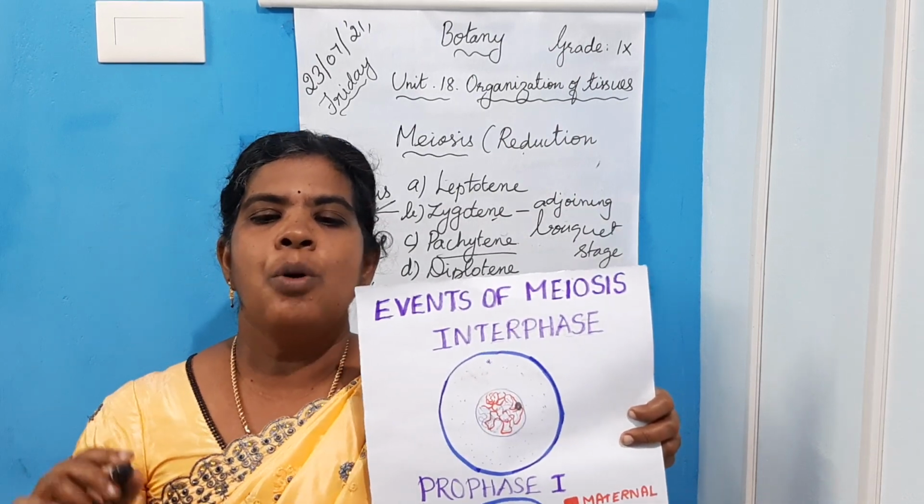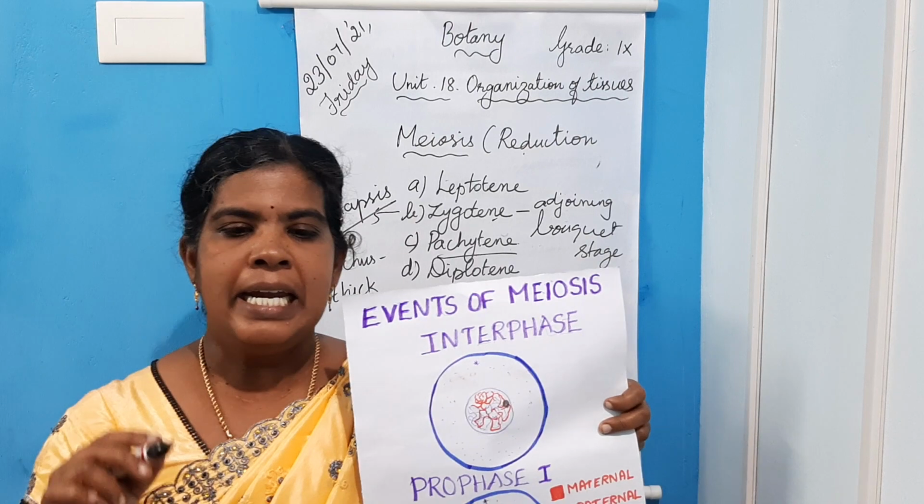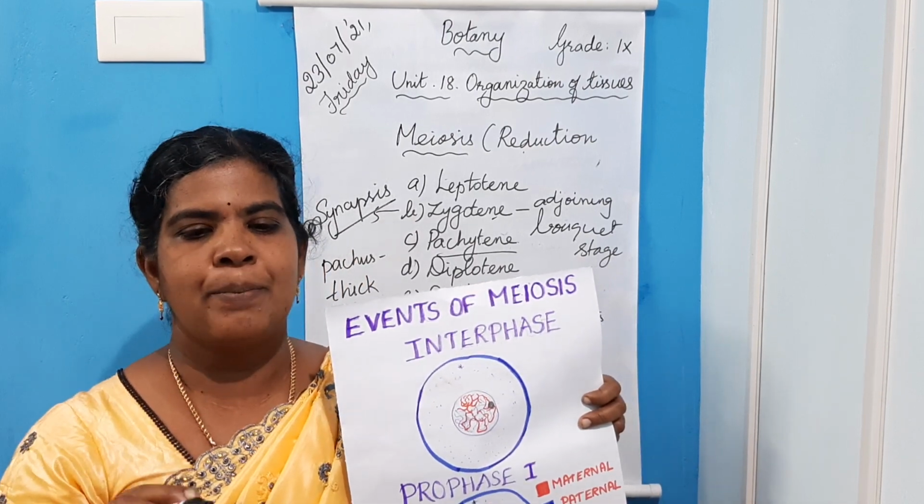Then the homologous chromosomes of each pair begin to separate.